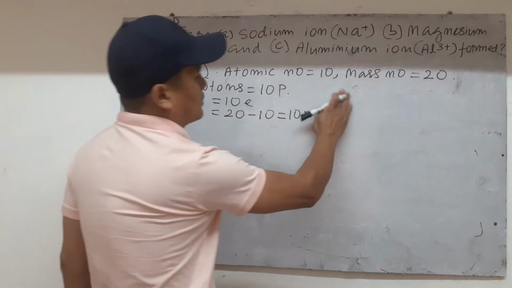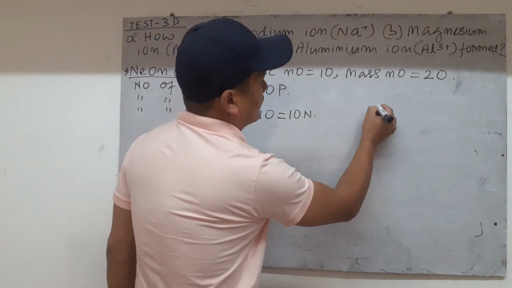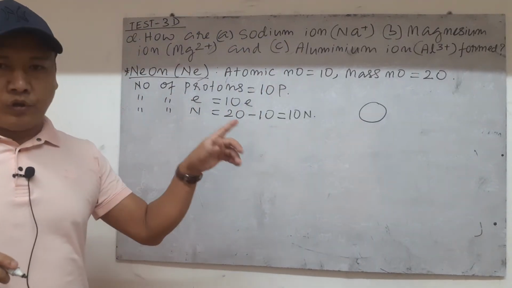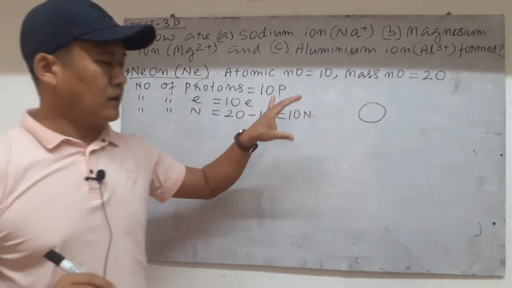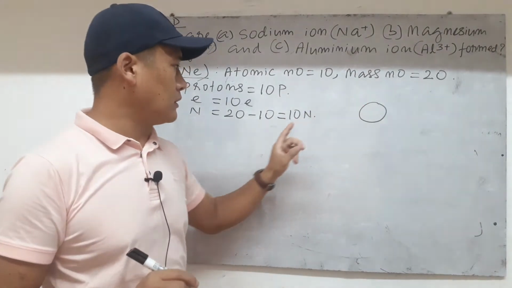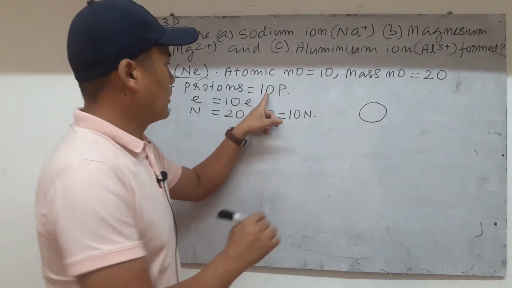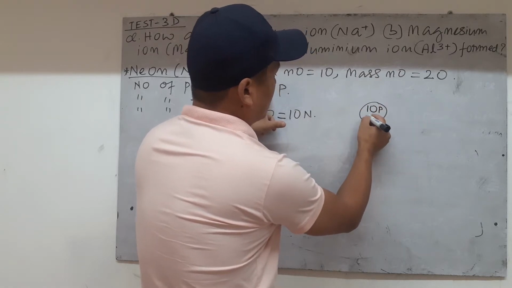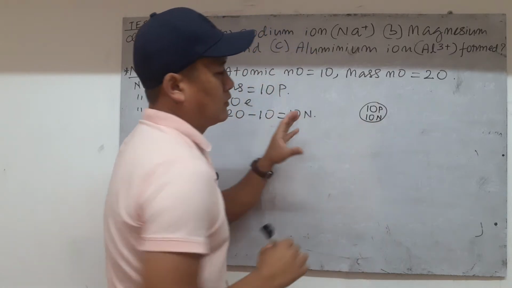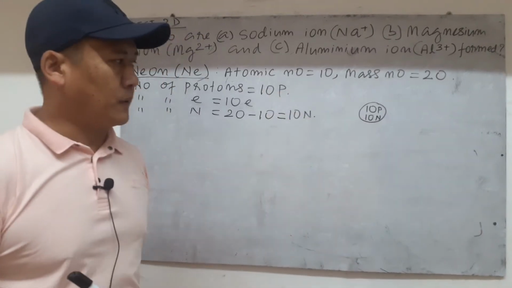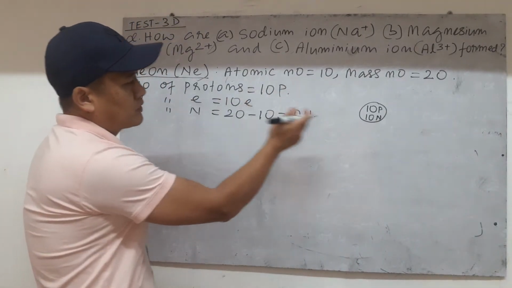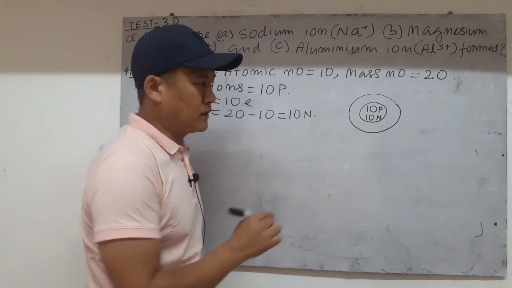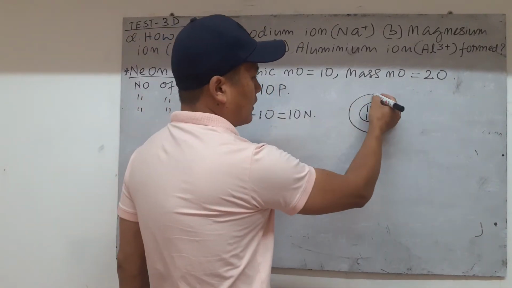The center nucleus always has protons and neutrons, which are stationary, not moving. The 10 electrons revolve in circular orbits, so they are not stationary, they are moving in orbits.